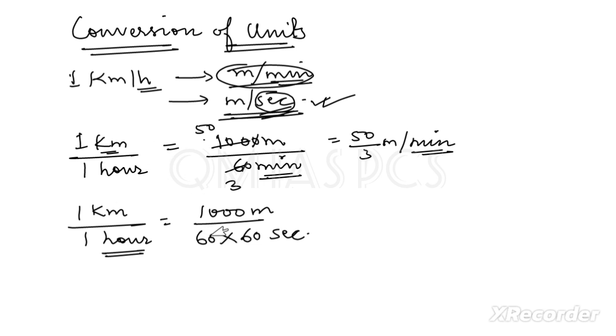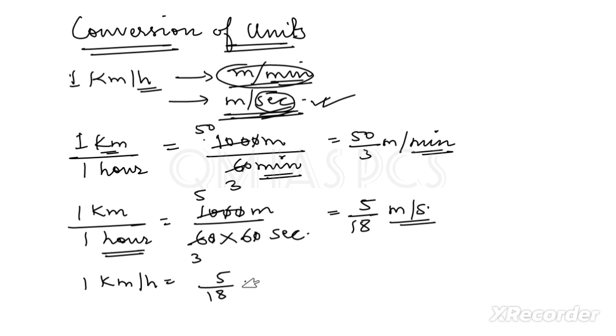Now if you cancel this 0 it will be like this one, and by 2 it will be 3, it will be 5. So now here is 5 by 18 meter per second. So you can write 1 kilometer per hour is equal to 5 by 18 meter per second.